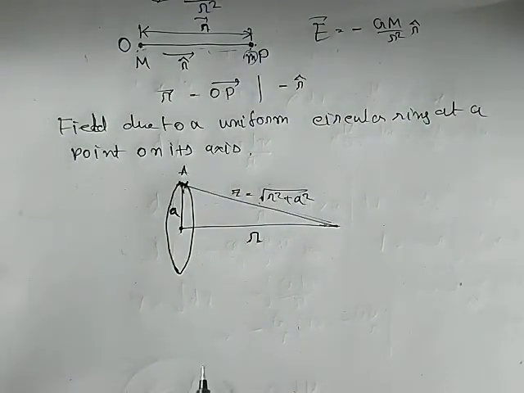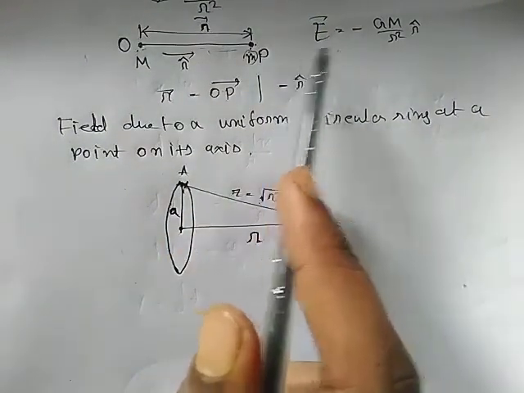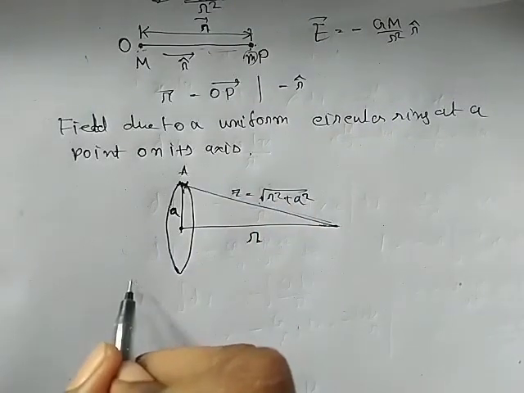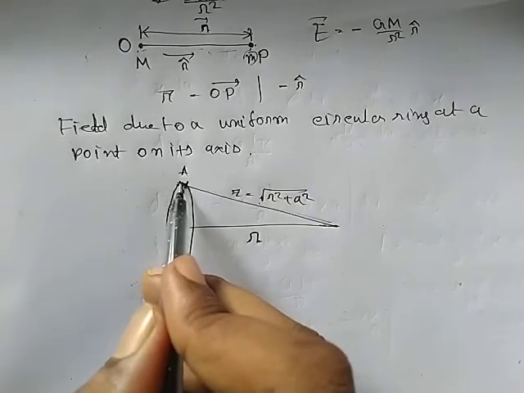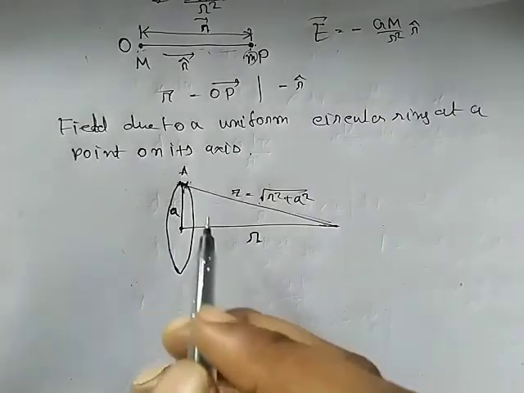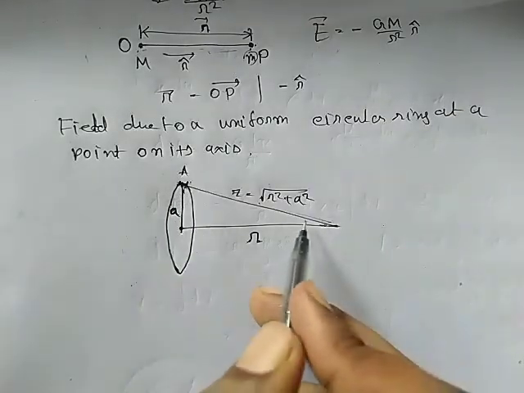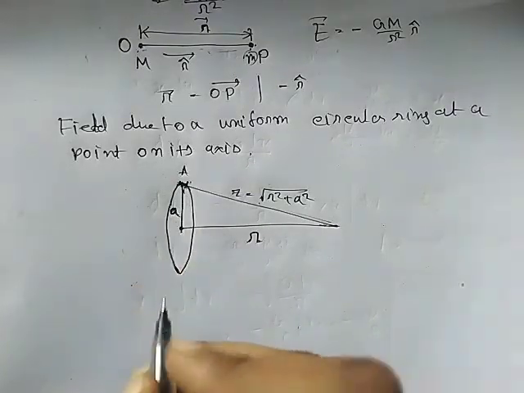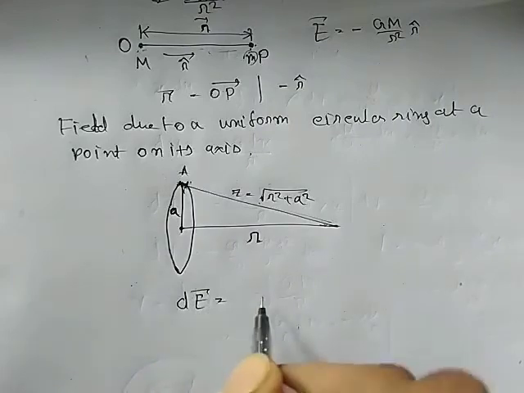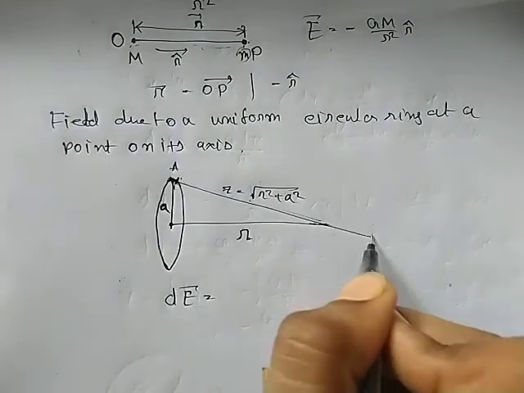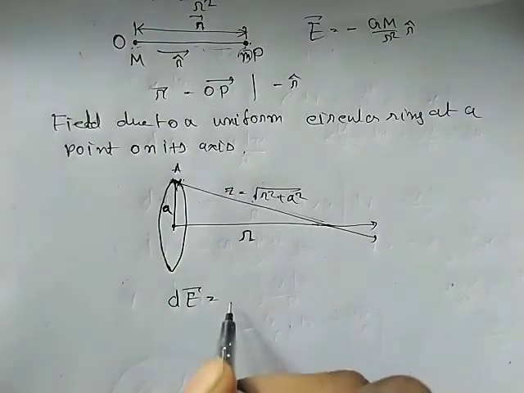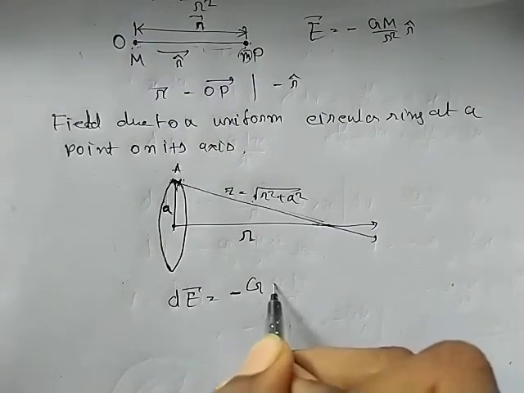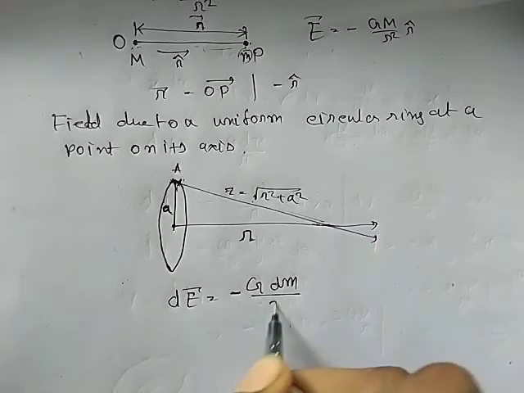Now we know that from this consideration, if we consider this as a point mass, then we can write the field due to this elemental mass only as minus G dm by z square.